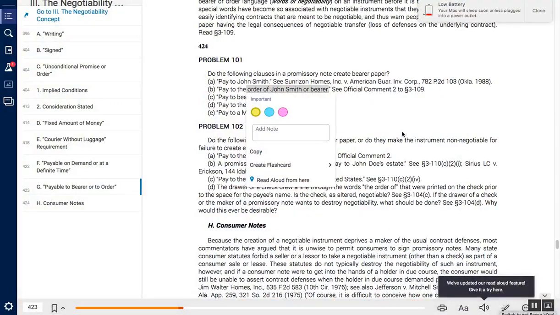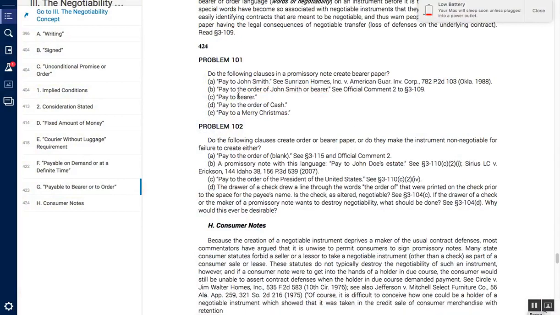Do you just want to turn it into bearer paper so it can be negotiated just by the transfer of possession? But here, the person chose both, to the order of the payee and then or to bearer. And so what the courts will do is interpret it in the most broad way possible and just call it bearer paper. It's bearer paper there.